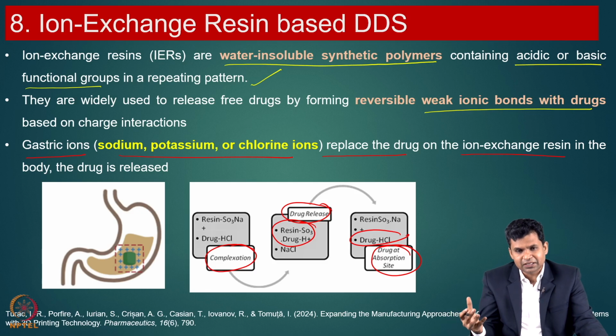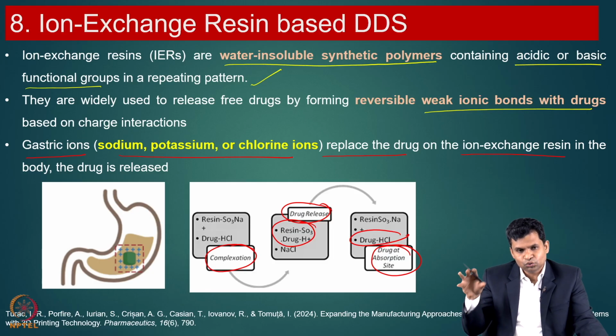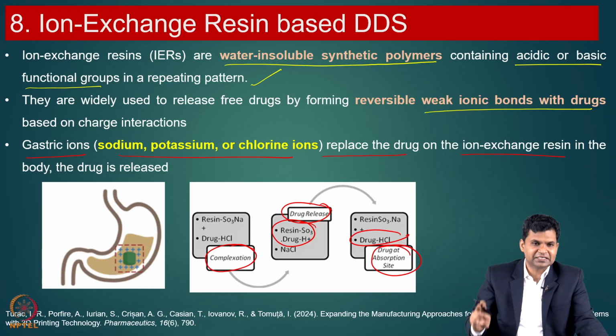Drugs which are sensitive to particular pH conditions, in such cases we can use such ion exchange resins. So, that will release slowly in the GIT conditions.